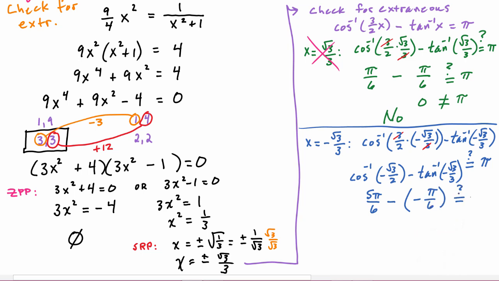And we're asking if that will equal pi. Well, we have 5 pi over 6 plus 1 pi over 6. We get 6 pi over 6, which definitely does equal pi. So that's a yes. So the only solution to our equation is that x is equal to negative radical 3 over 3.